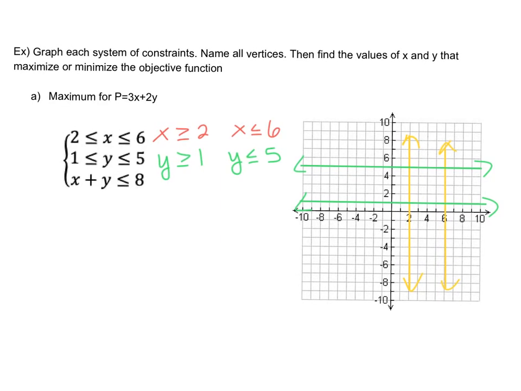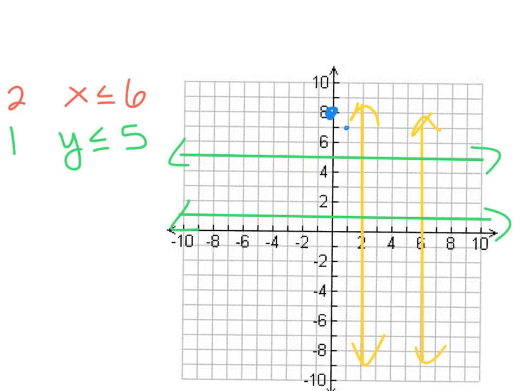All right, the last one, let's go ahead and graph it. So we need to subtract x. Minus x to both sides, and you have y is less than or equal to negative x plus 8. So that would be positive 8 on your y-axis. And then let's graph.